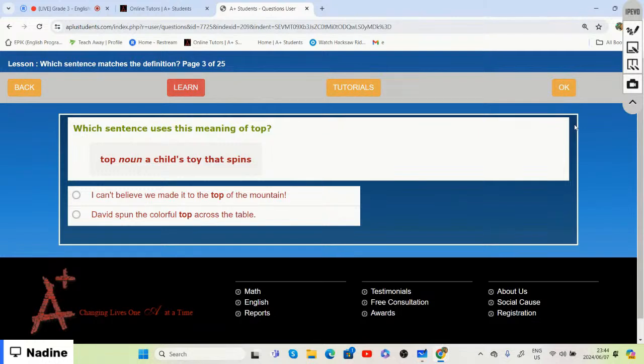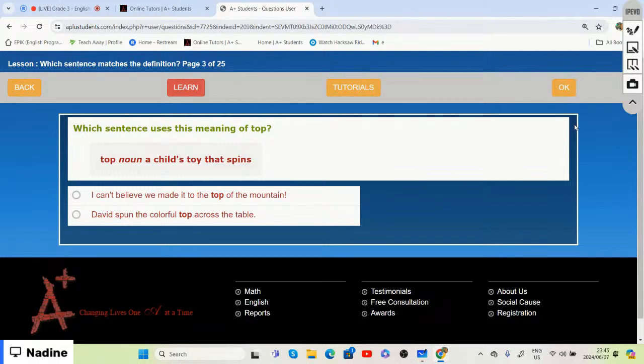The top that spins. So now we're going to use the sentence, or say which sentence uses the meaning of the word top. Is it the first option, I can't believe we made it to the top of the mountain? Or David spun the colorful top across the table, the toy.